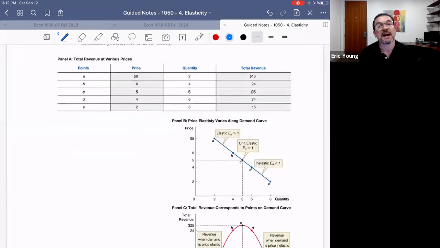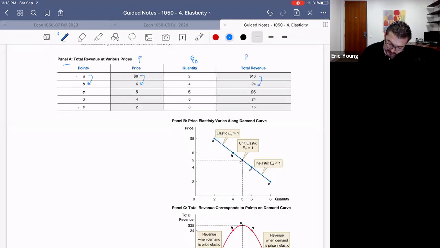I've given you a demand schedule here in panel A. You see that we have points A, B, C, D, and E with the associated P and Q, and we plotted those right here on this demand curve. You can see it right there. Well, take a look. Note that from A to B, as price goes down, total revenue goes up.